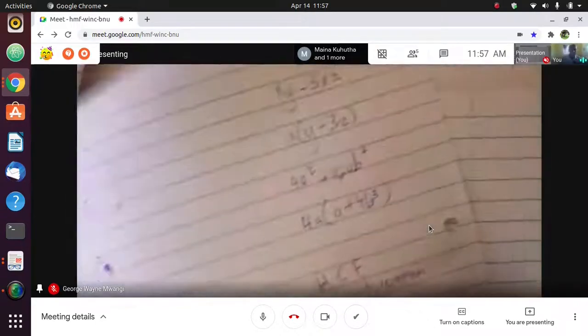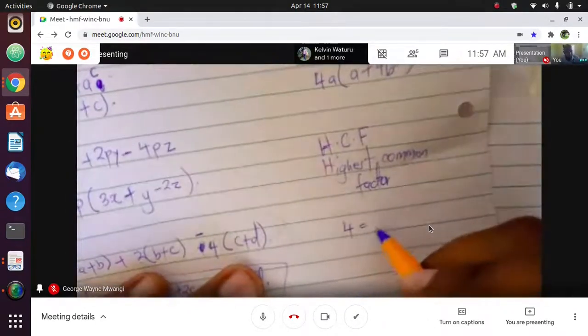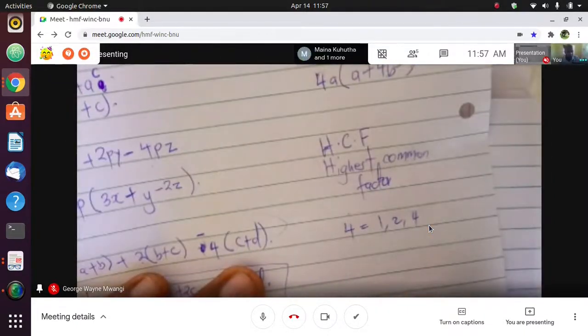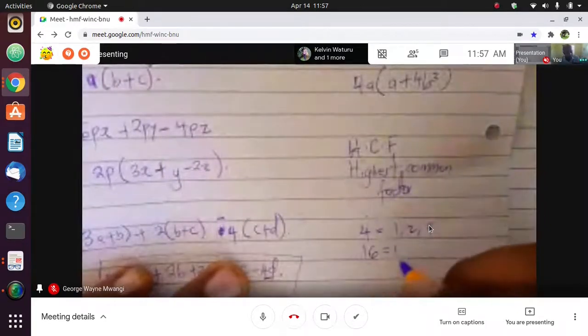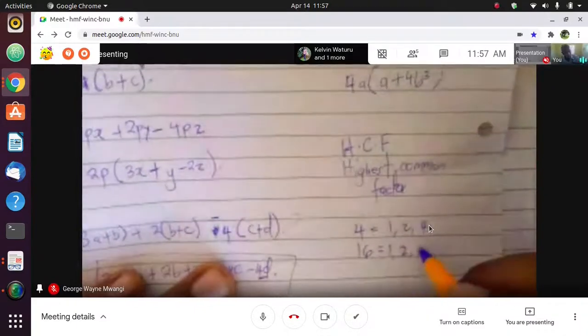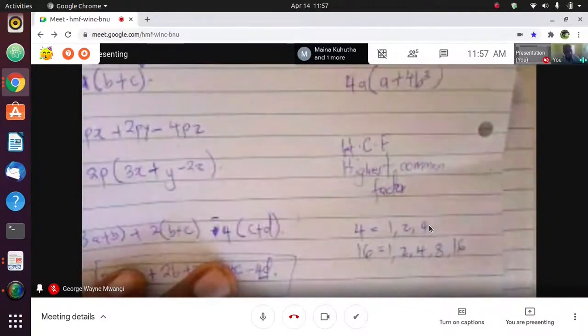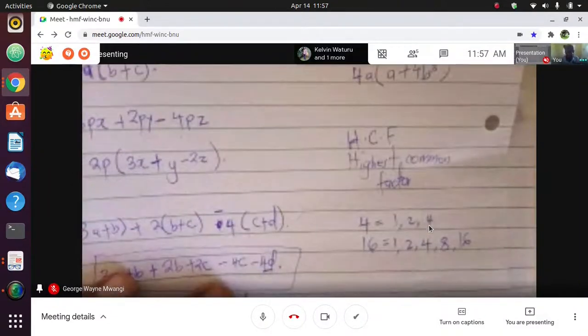When we look at the factors of 4, ni zipi? Ni 1, 2 and 4. Sawa sawa. The factors of 16, ama the numbers I can multiply to get 16, is 1, 2, 4, 8 and 16. Now, which is the highest common factor between 4 and 16?